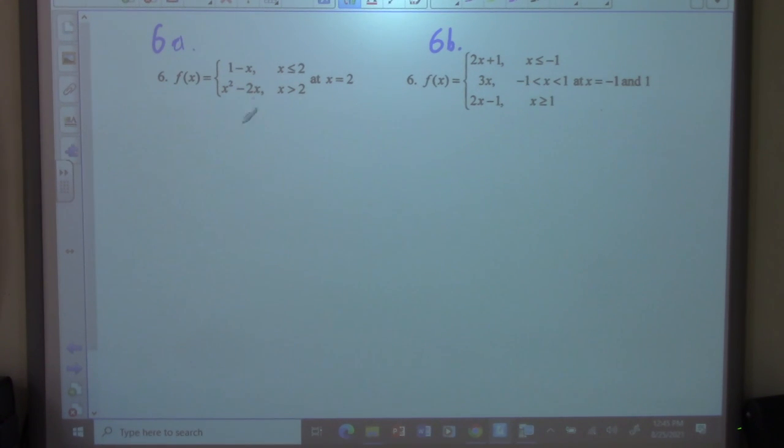So for 6A, condition 1, we're at x equals 2, so we're going to say f of 2, does that exist? Yes. How do you know that it exists?